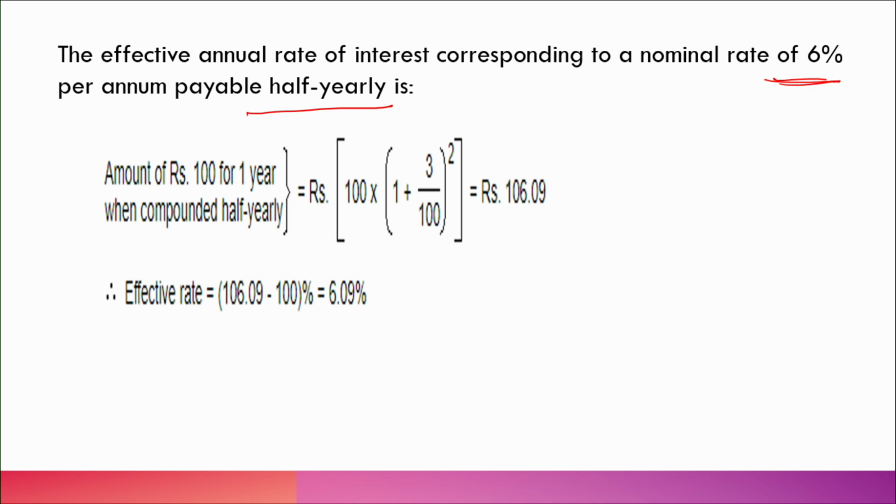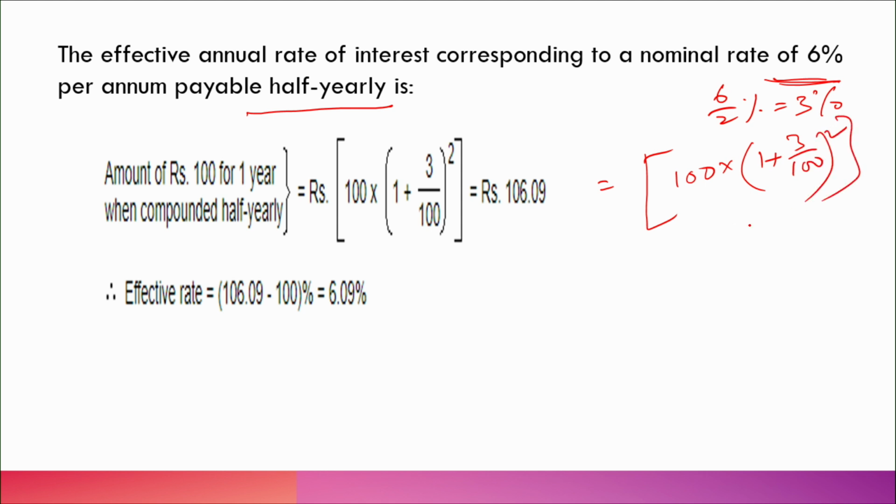Correct? For half yearly it becomes 6 by 2%, that is 3%. So you can calculate. For example, for an unknown amount you will say 100, this is the principal amount, into 1 plus 3 by 100 whole square, correct.